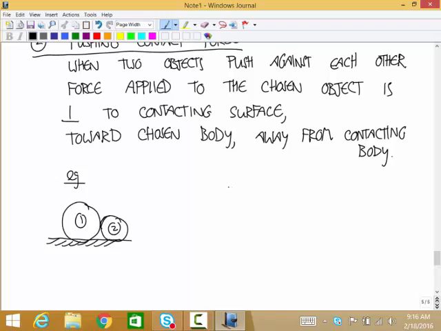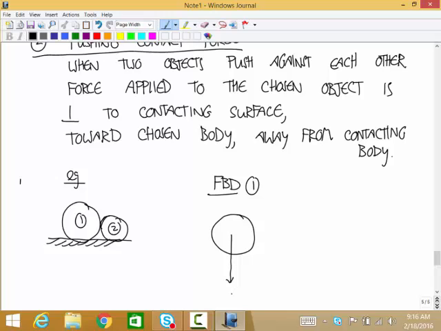Okay. So let's do free body diagrams of each of these two balls. These free body diagrams just show every force that's acting on whatever the free body diagram is. So this is a free body diagram of ball 1. Okay? So what forces are acting on it? Gravity. Yep, that's right.